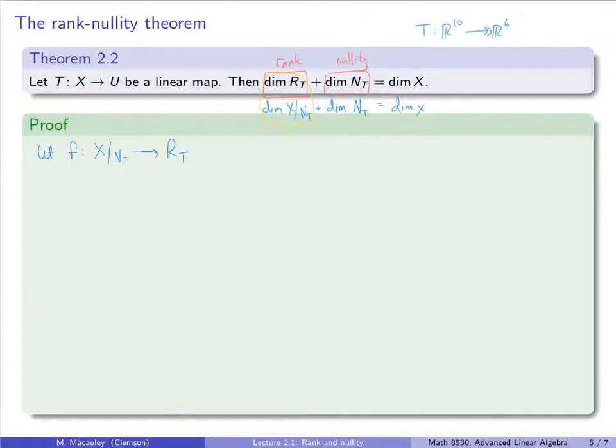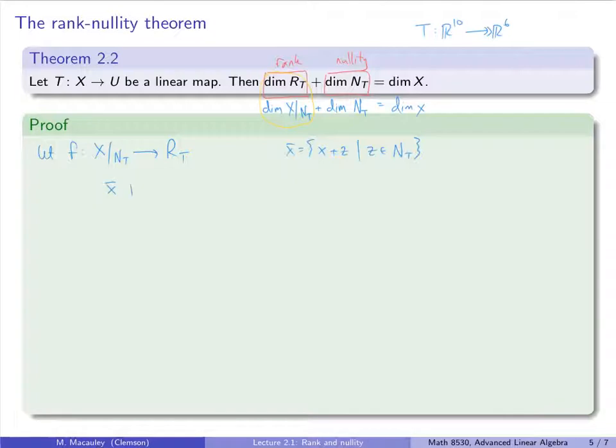Things in X mod the null space are equivalence classes. Let's say x bar. Remember that x bar is the set of all things of the form x plus z, where z is in the null space. I'm using z because I don't want to use n or k to represent a vector. So where does this thing get mapped to?